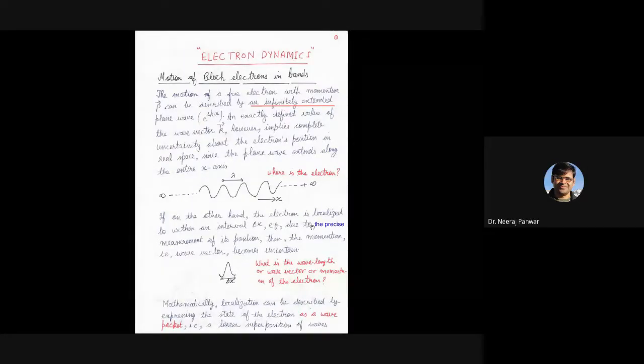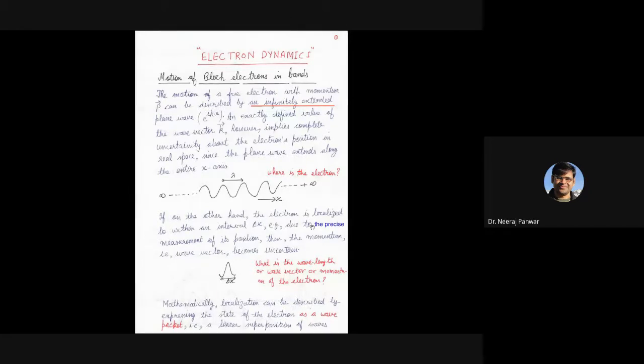So next thing which we would like to discuss is electron dynamics in a band. If we apply an electric field, then the electron will move from one k point to another k point. If we apply a magnetic field, the electron will do the cyclotron motion.